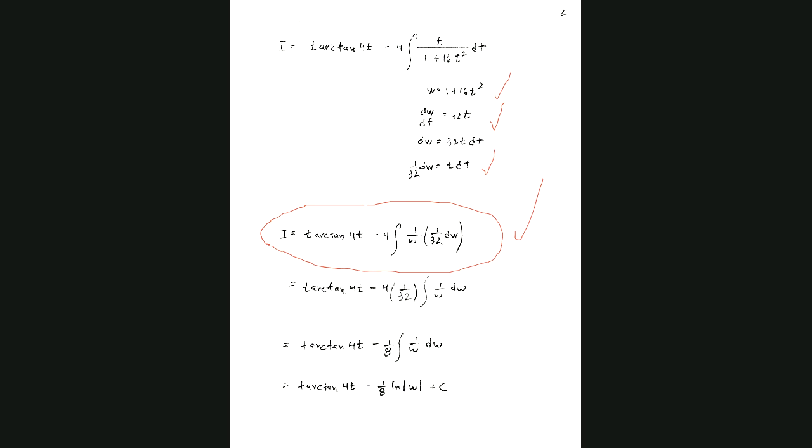So our integral is equal to t times the arctangent of 4t minus 1/8 times the integral of 1 over w dw. Do you remember what the antiderivative of 1 over w is?